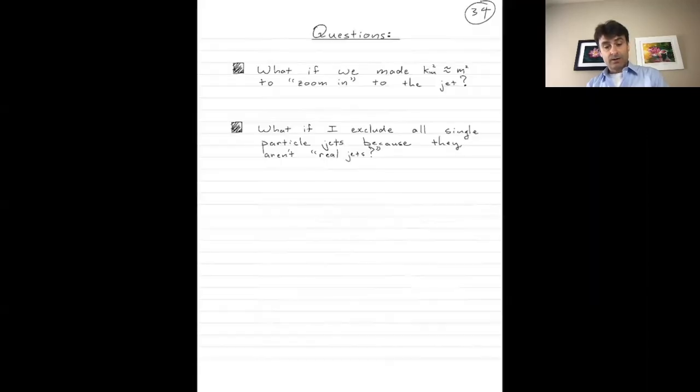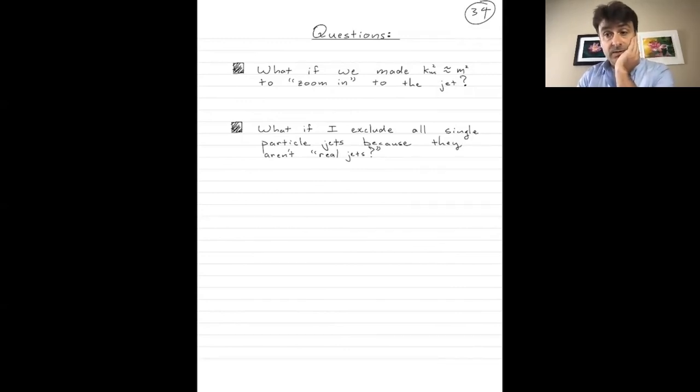The other thing you might try to do is this. When I'm dealing with jets, the naive conception of a jet is a spray of particles, right? Now, if I only had one particle in the spray, you might reasonably think, well, that's not really a spray of anything.